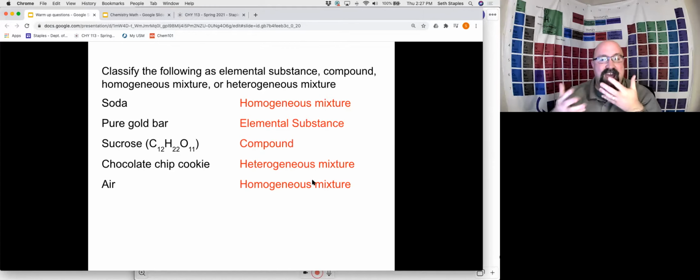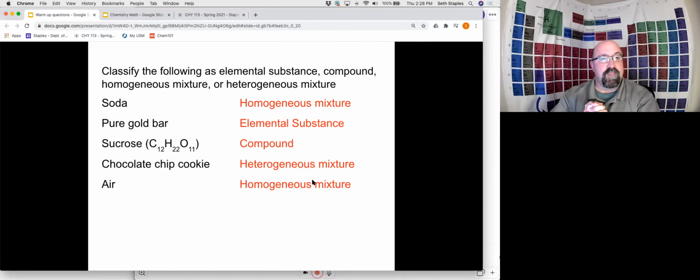And so you can see that these can get a little bit gray sometimes, depending on how you look at things. But really, I would consider for the most part, especially if you've just poured a soda or you've just opened it and it's sitting there, the carbonation is pretty uniform throughout. So I would consider that homogeneous, but I would see an argument for a heterogeneous mixture there too, depending on how you defended it.